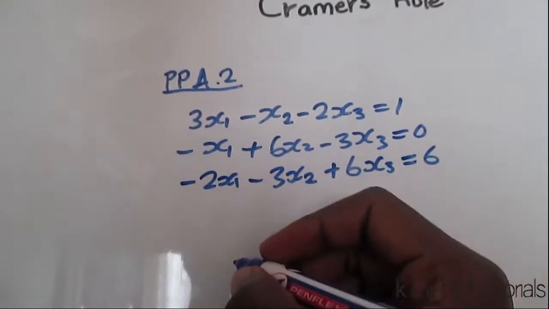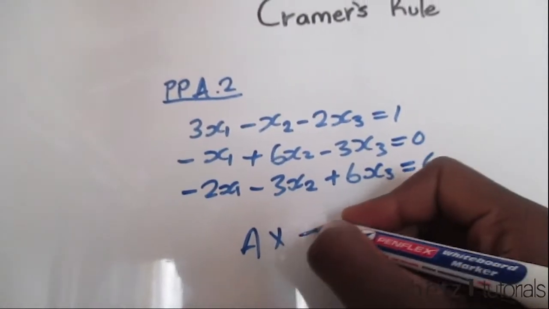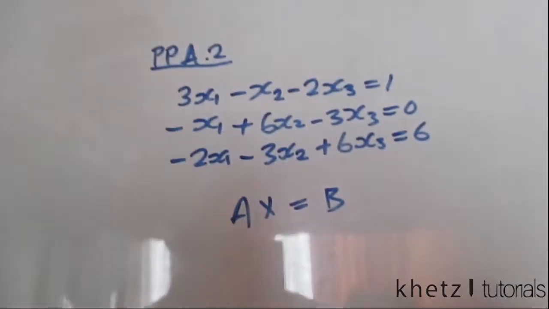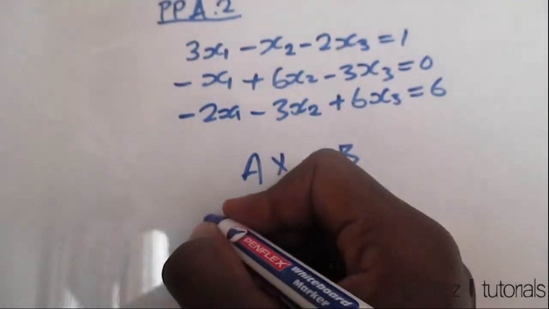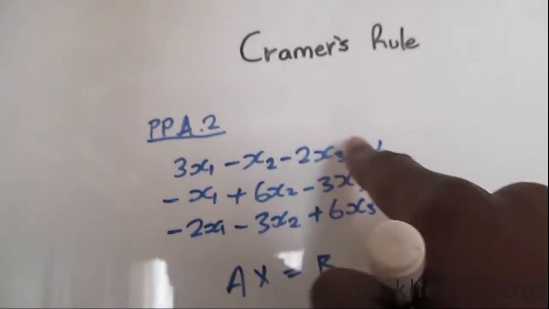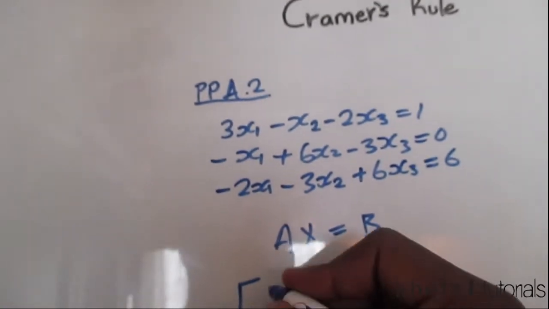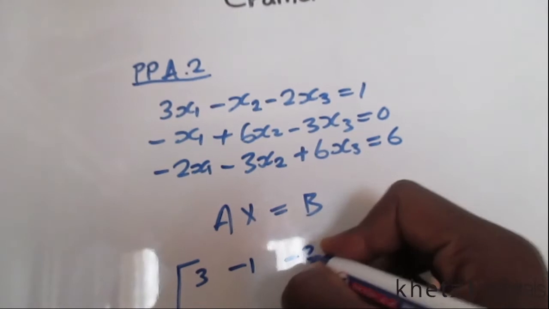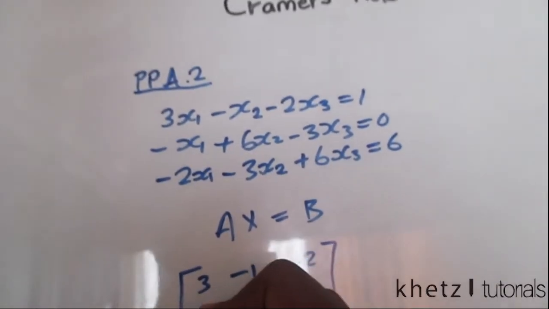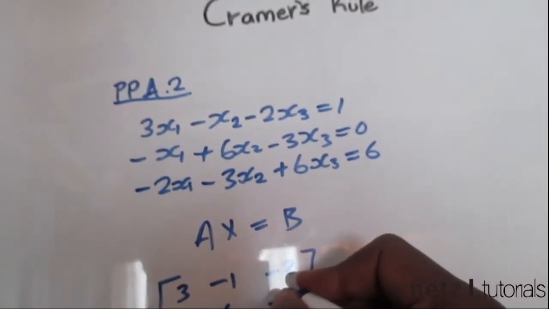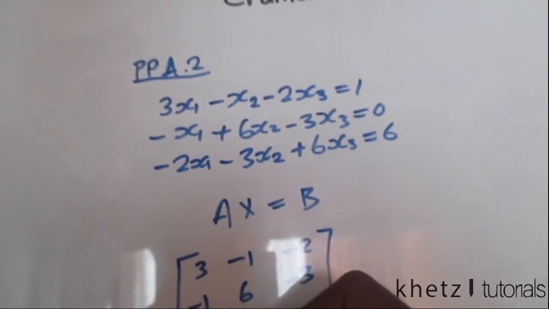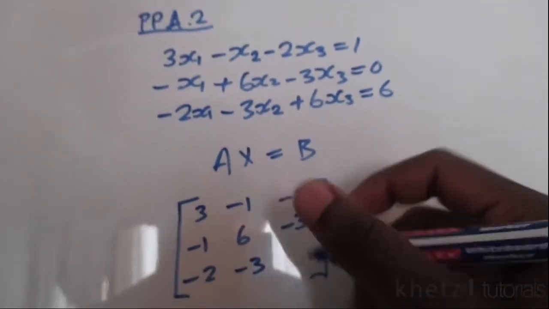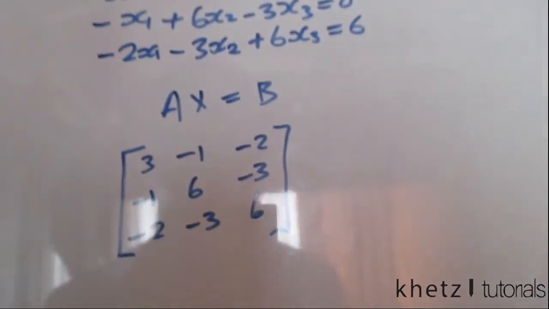Just to remind you, we have AX equals B. So the A matrix will consist of all the coefficients of all the variables. So starting from the top, 3, -1, -2, that's the A matrix. -1, 6, -3, -2, -3, and finally 6.